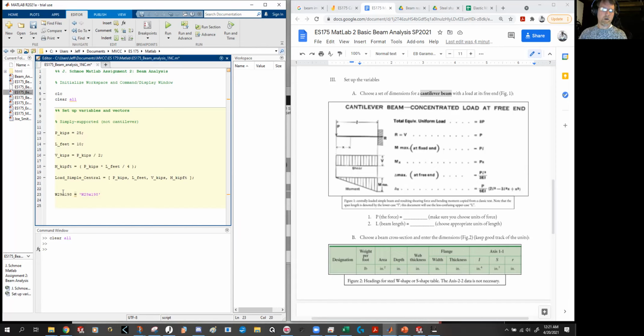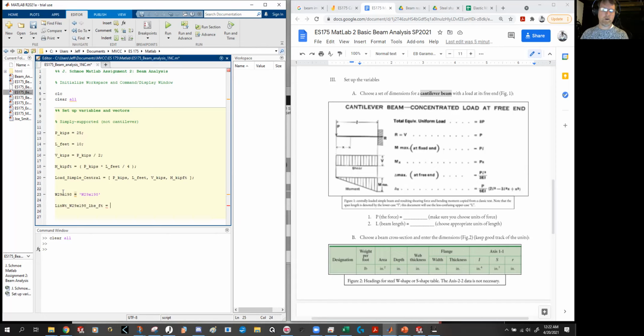Okay, so linear weight on that, look that up, and mine is going to be lin weight underscore W29 by 198. I want the units, pounds per foot. So I'm going to put a little underscore here.